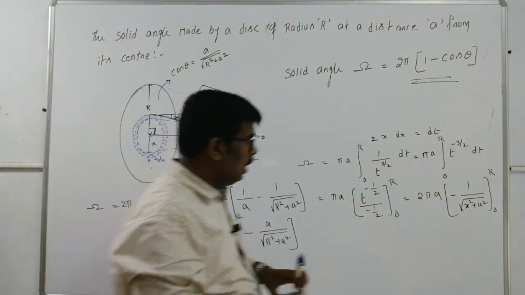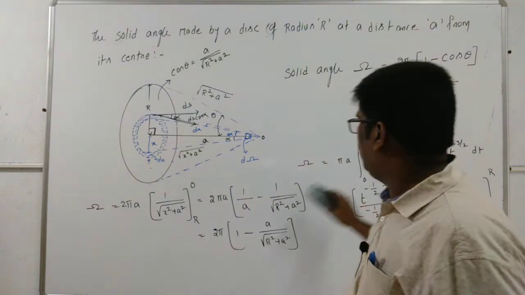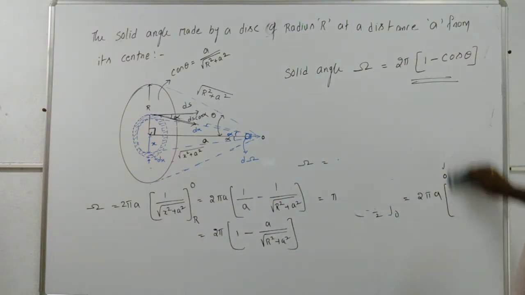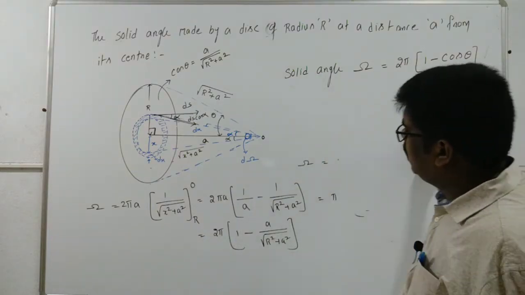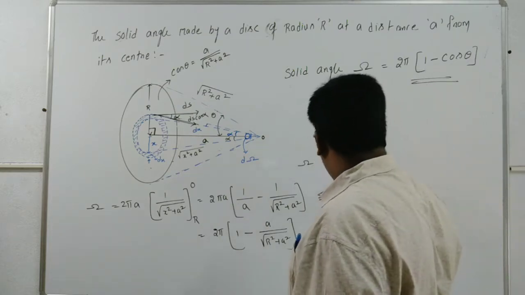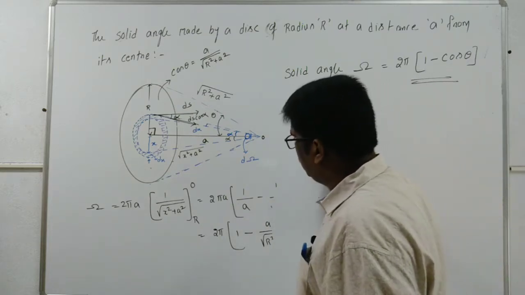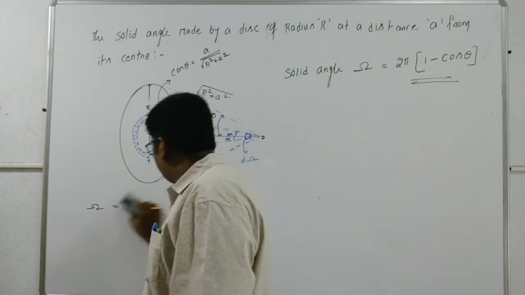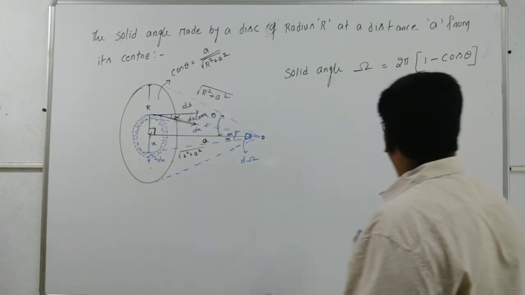Now I am going to write the formula for the solid angle made by the hemisphere, as well as by the complete sphere at its center. We are going to write it based on this formula. Let us see.